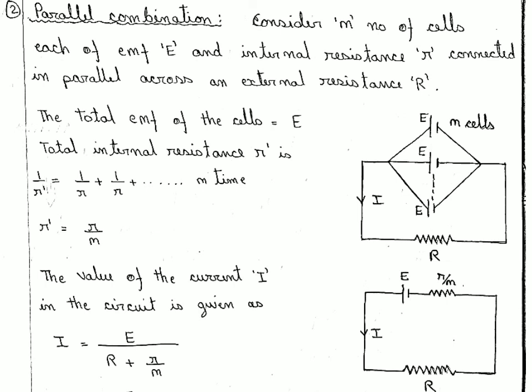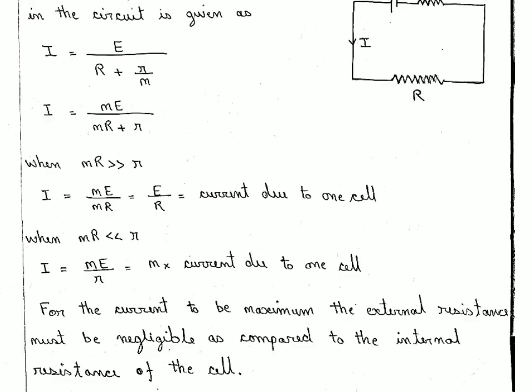The total internal resistance is r divided by m, and the external resistance is R. So here again I is equal to the EMF E divided by the total resistance in the circuit, which is the sum of the external resistance R and the total internal resistance r divided by m. And upon simplification, we have I equal to mE divided by mR plus r.